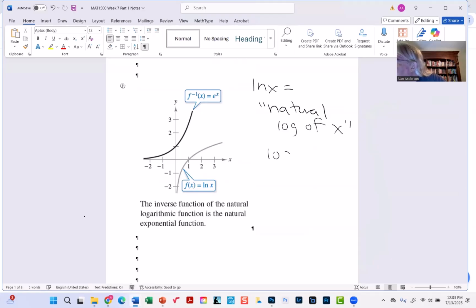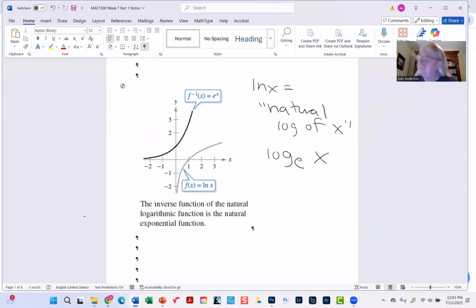And at the same time, though, keep in mind that it means the same thing as the log to base e of x. Okay, so every log has a base. And for all the other logs, we use the word log. Okay, and we specify the base. This is the only one that gets its own separate name. That shows you how important it really is.